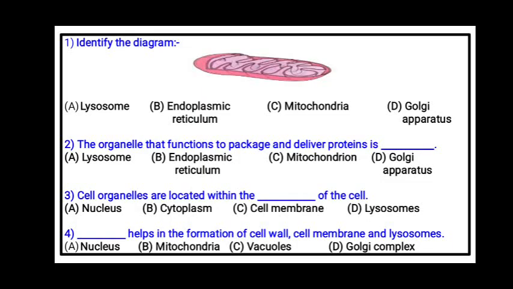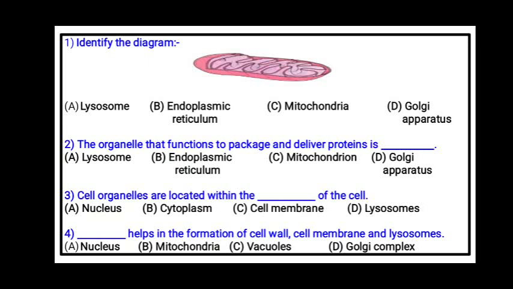First one, identify the diagram. Now you can see the diagram. There are 4 options given: lysosome, endoplasmic reticulum, mitochondria and Golgi apparatus. So which diagram is that? So first you will write the question, identify the diagram, and below that whatever is the answer, that you will be writing it.